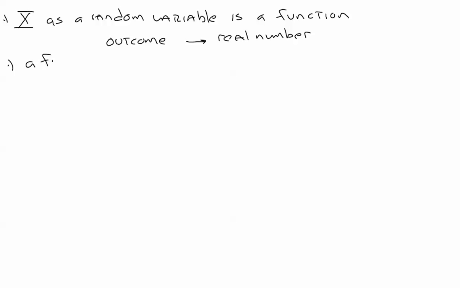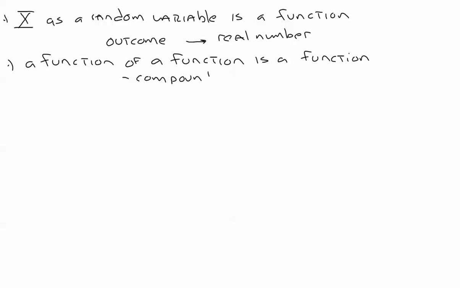A function of a function is a function. Sometimes we call that a compound function. And since a random variable is a function, a function of a random variable is another random variable.